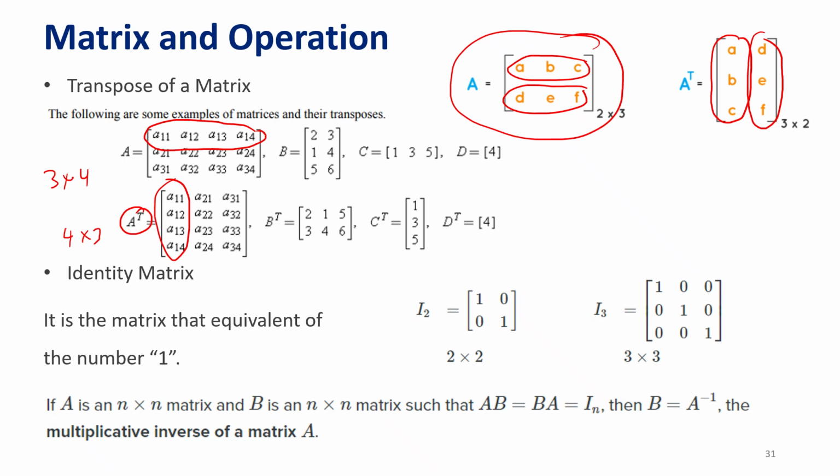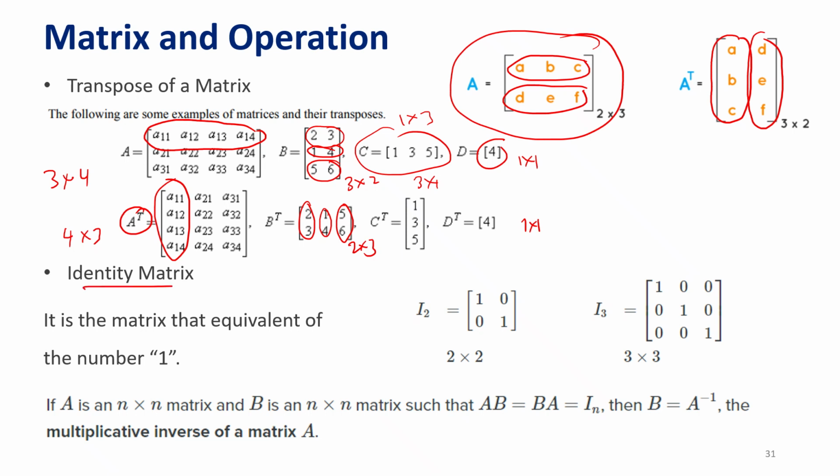Here also the same, you have a 3 by 2 matrix. Here you have a 2 by 3 matrix, where all the rows transpose into columns. Okay, here you have 1 by 3. This one becomes a 3 by 1 matrix. Okay, but a 1 by 1 is still 1 by 1.